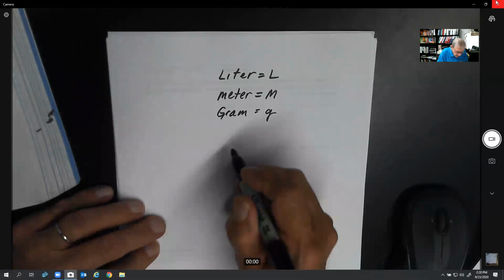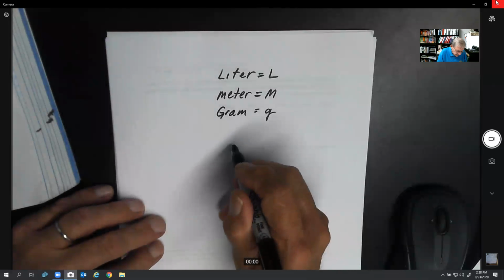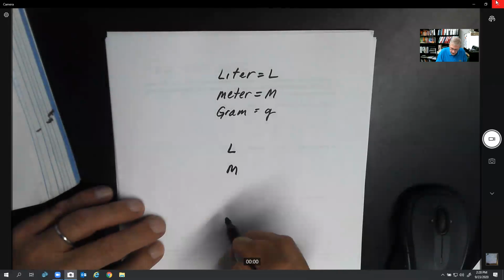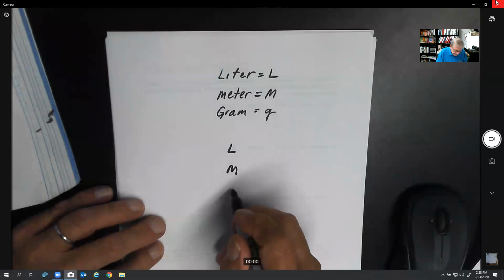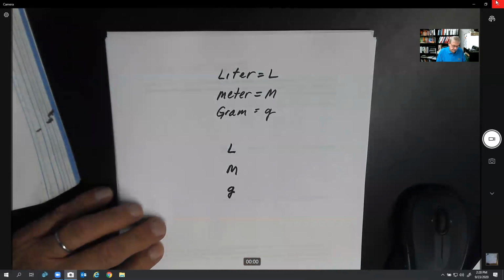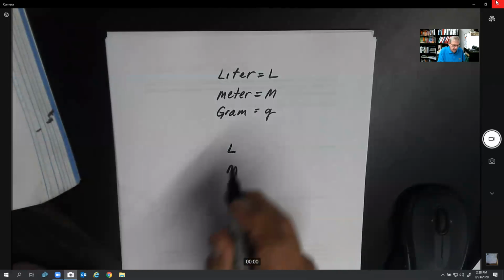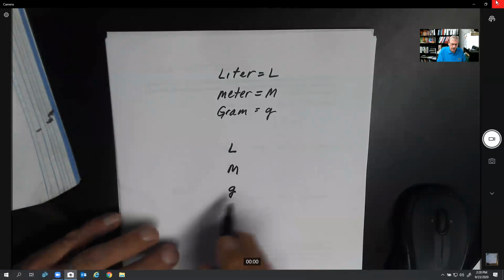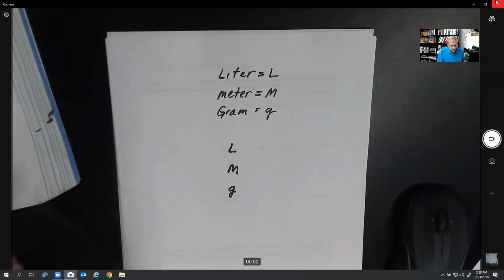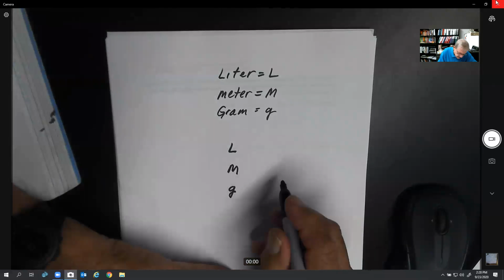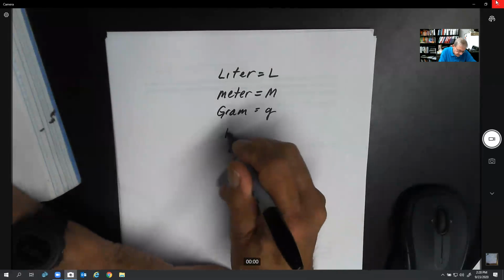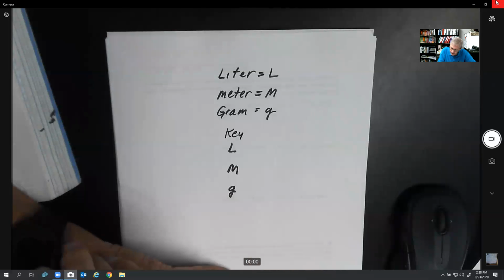Right down the middle of the chart is the liter, the meter, and the gram. Liter is used for liquid, meter for length, and grams for weight. So this is your major unit, your key unit right here.